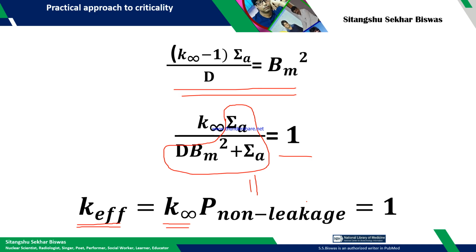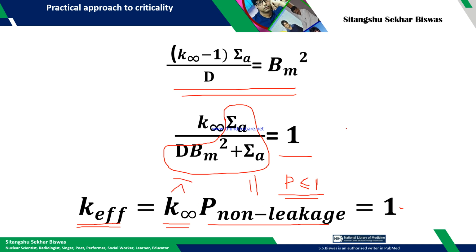As it's a probability, and any probability in the world will be less than or equal to 1, in the practical case it will definitely be less than 1. If it is less than 1 and that product should be 1, then k infinity should always be higher than 1.